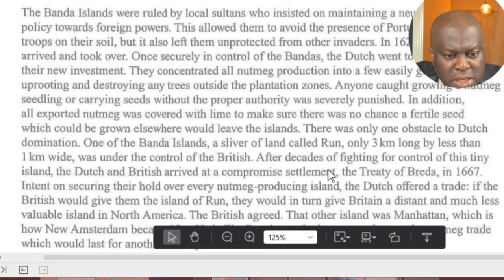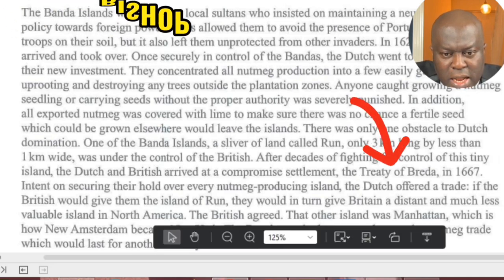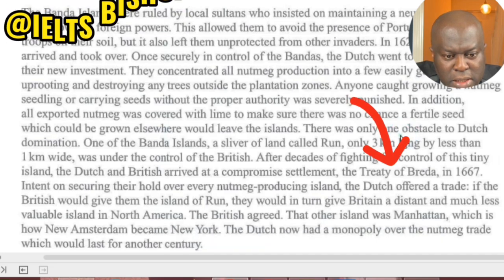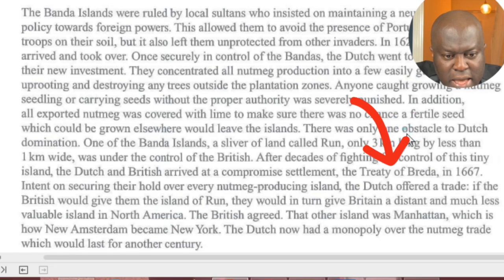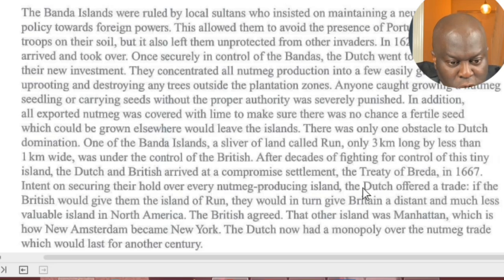Okay. I've seen Treaty of Breda. I just hope this will allow me to highlight it. Good. Okay, so I've seen Treaty of Breda, I've seen Dutch, and I've seen nutmeg. This is Treaty of Breda, where my cursor is now.